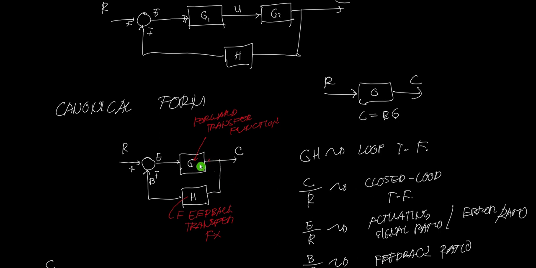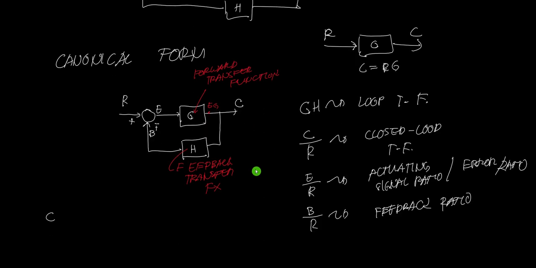That's the output of G. What is the input of G? It's just E. The output of G is just equal to the input times its transfer function. So C is just equal to E times G.